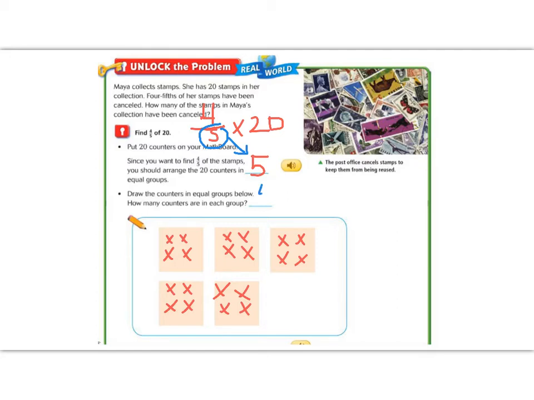And we want to have 4 groups because we're trying to find 4/5. So we're going to draw a box around 4 of the 5 that we have. So this would be 4/5 of my whole group. Make sure you have everything on this page written because the bottom of your paper is actually on my next slide.